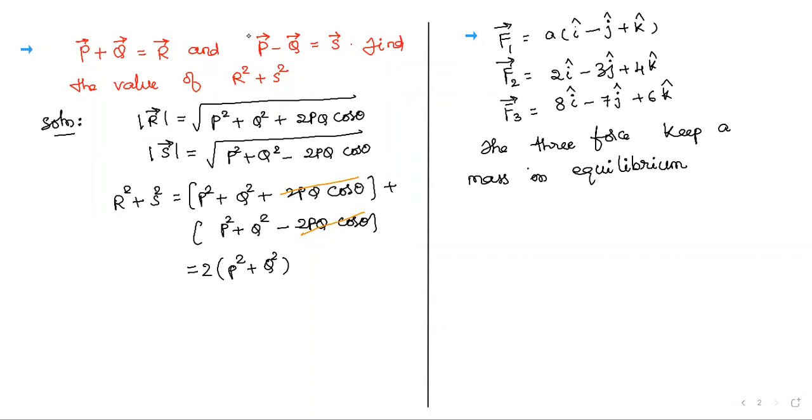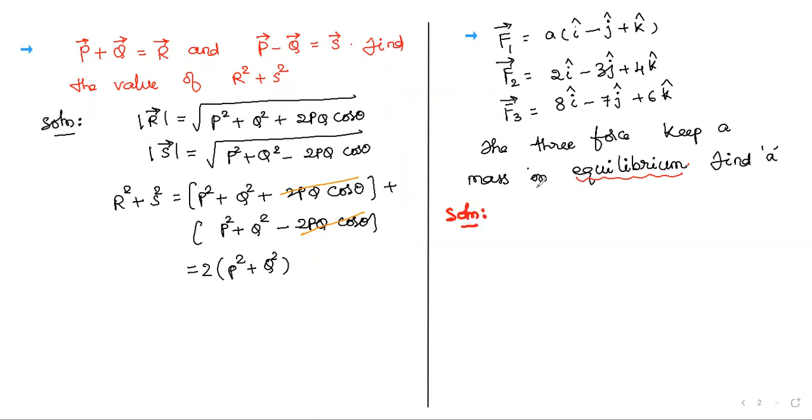We are waiting for this word. Find what we are expecting. The same thing he is asking: find A. A equals how much? I think you have the idea how to solve when you come to the solution.